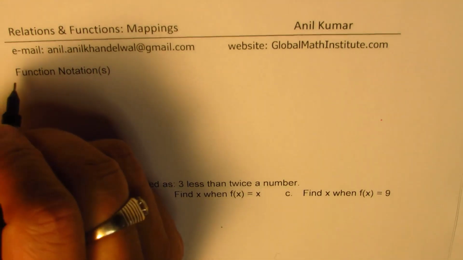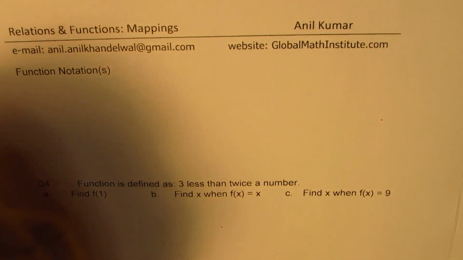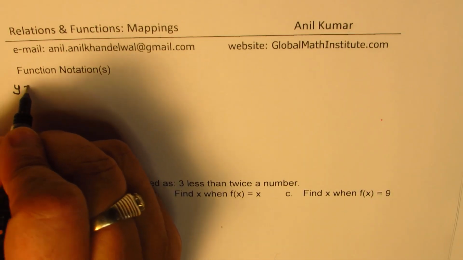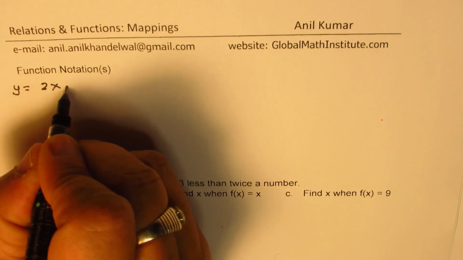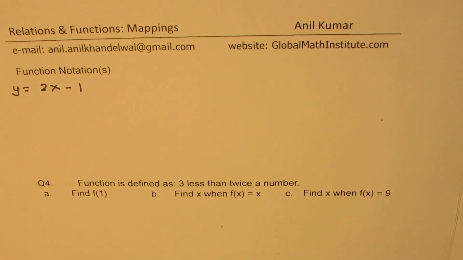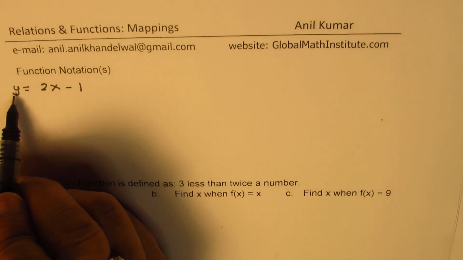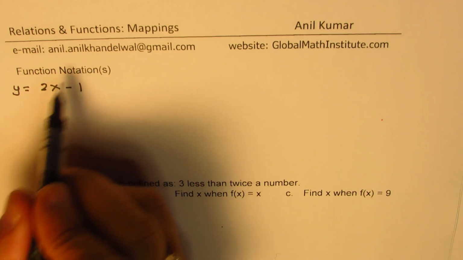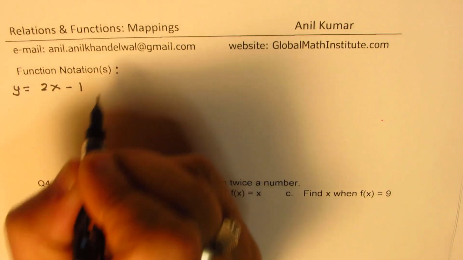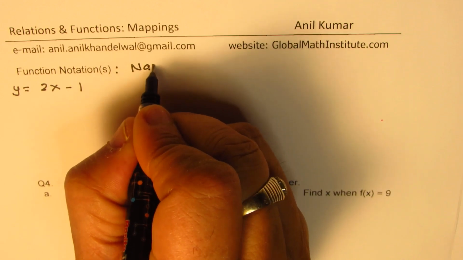A common way is, for example, y is equal to 2x minus 1. So that is one way, right? Now every equation is normally written with y. It's a good thing to give it a name, and that is what function notation is all about. So basically we'll name our relations.